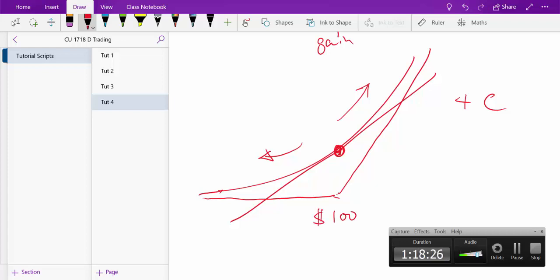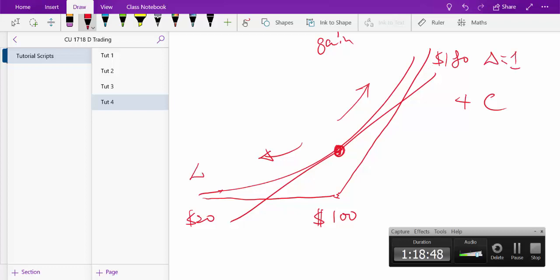Okay, so your strike price of a call is 100, and at the extreme, so let's say when the stock price was 20, or when the stock price was 180. Now I know that delta would be close to 1.